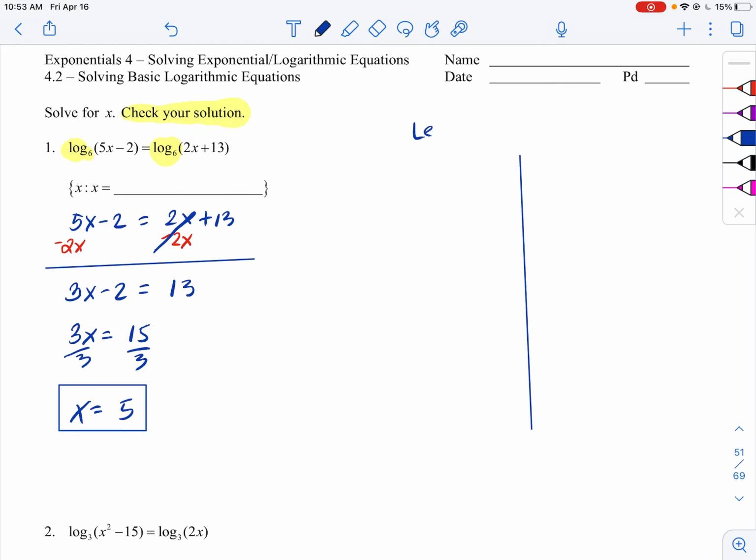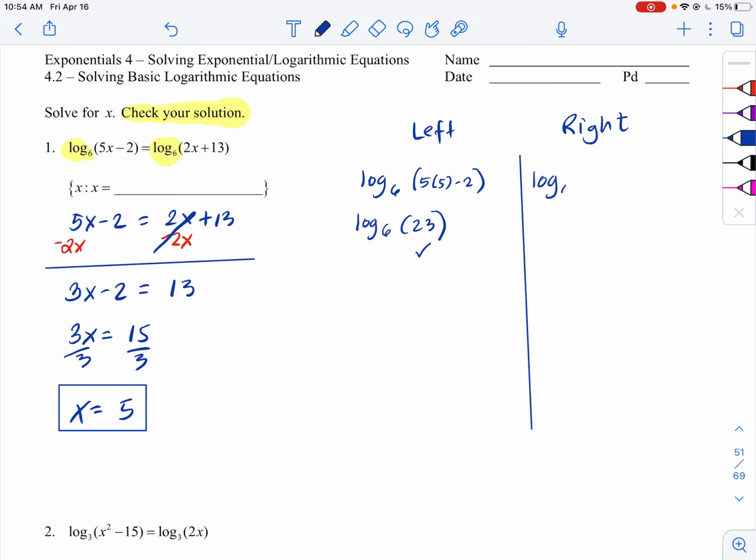We check that the left side is equal to the right side. So I'm going to plug in 5. This is log with a base of 6 of 5 times 5 minus 2. 5 times 5 is 25. 25 minus 2 is 23. So it's a positive number inside our parentheses.